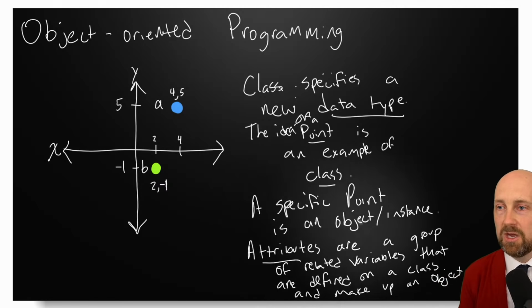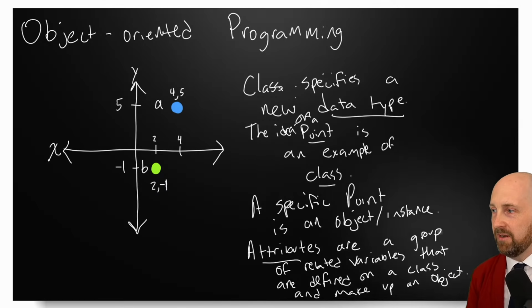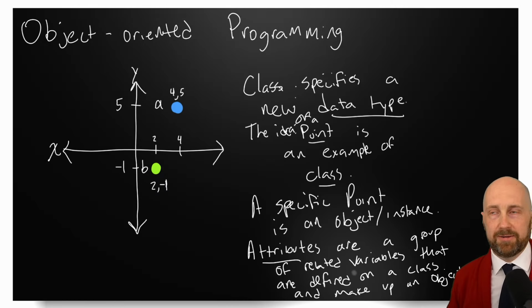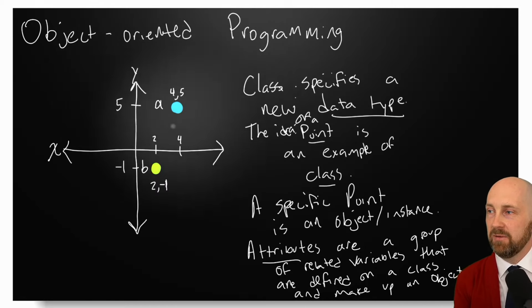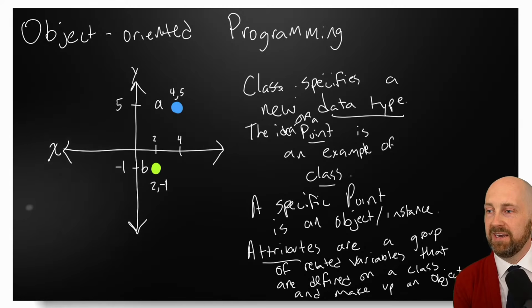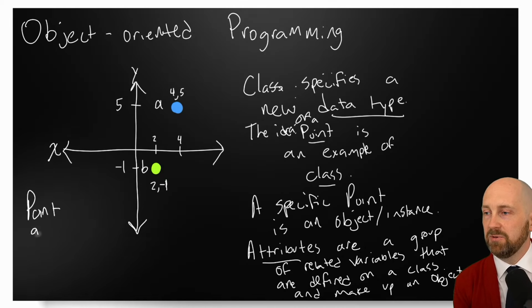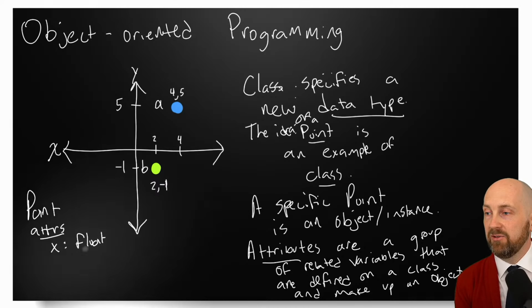All right, this is some pretty abstract terminology, so let me bring it back to our example. The idea of a point is going to have attributes, and I'm going to shorthand this as attrs. Let's say it has attribute X, which is a float, and attribute Y, which is also a float.